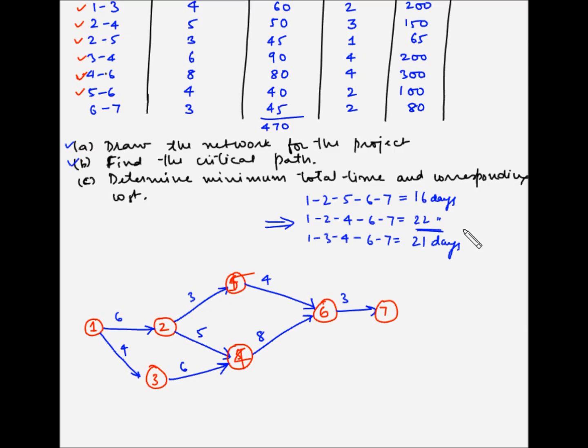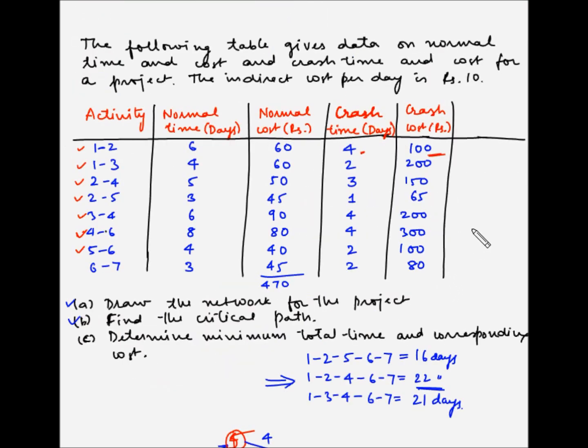So let's see how we can crash this project. So now one of the most important information that we need is the cost of crashing per day for each of the activities, so that we can find out which activity has the least cost of crashing, and then we can start crashing from that activity. So let's first find that out.